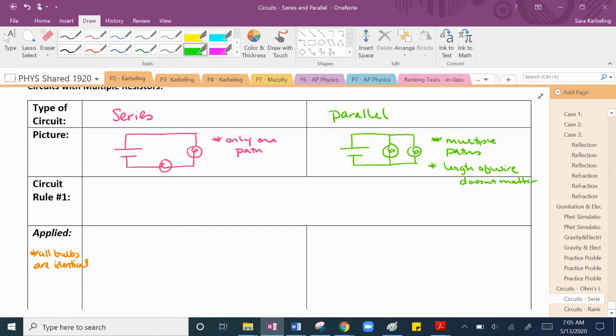Okay, now as we look at what's going on in series and parallel circuits, in addition to Ohm's law, we have two other rules that kind of dictate everything that we do. So the first rule that we have is called the loop rule. Okay, that's rule number one. And basically, the loop rule is just a statement of conservation of energy.